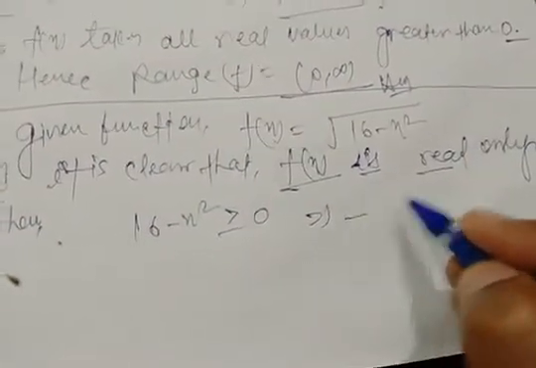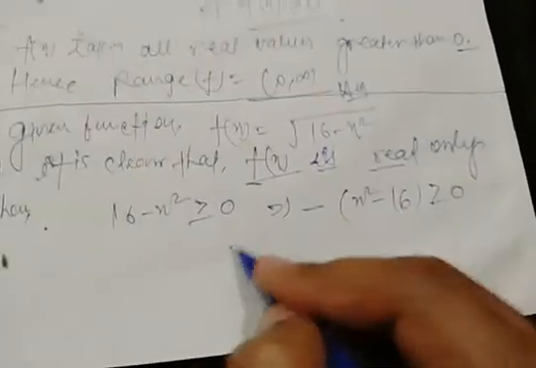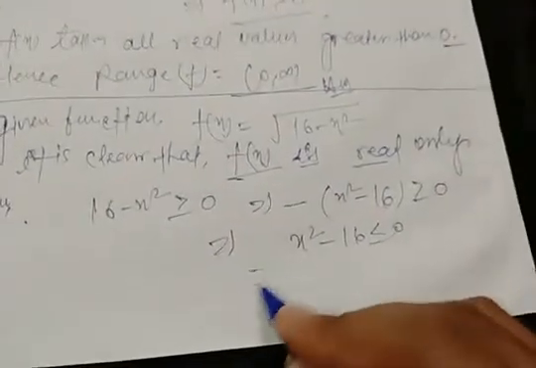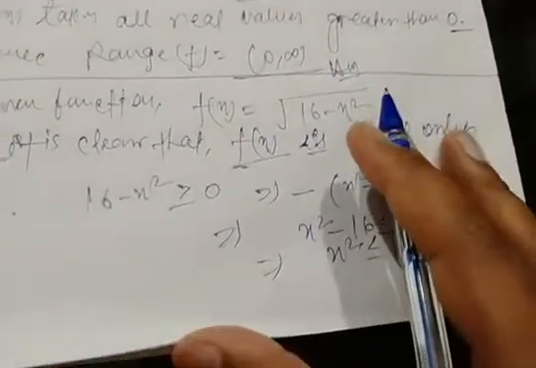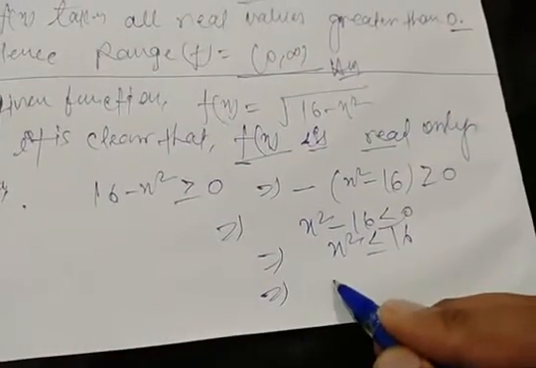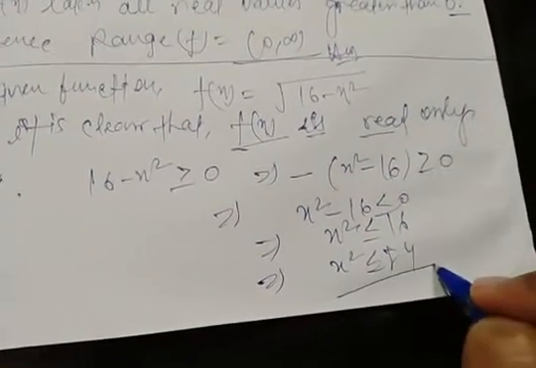That is, minus is common, then we have x square minus 16. Multiplying both sides by minus, the sign changes. So we have x square less than or equal to 16, or x less than or equal to plus minus 4.